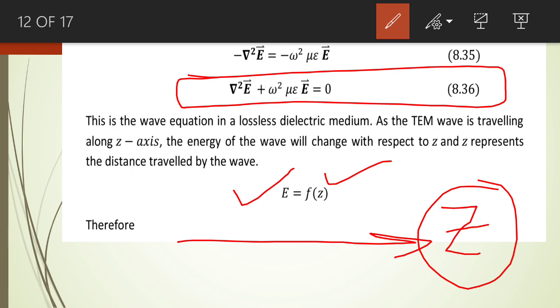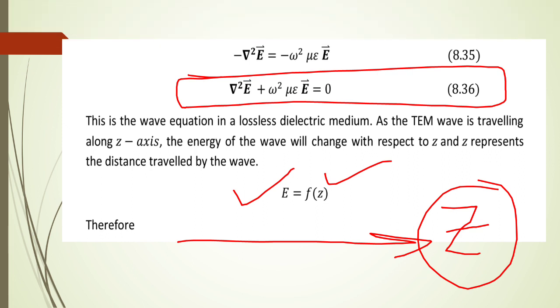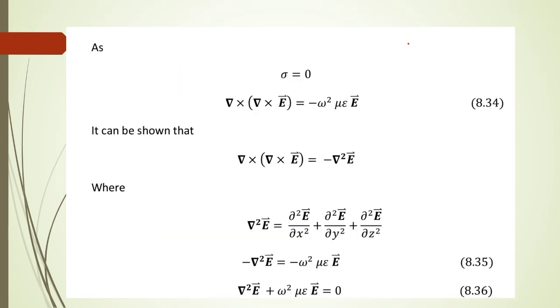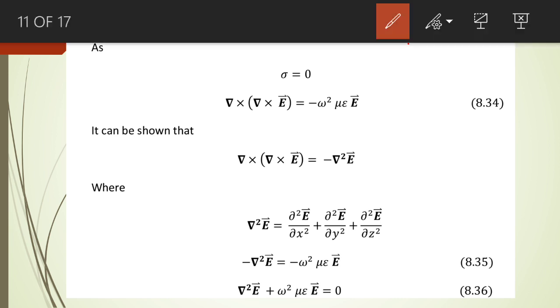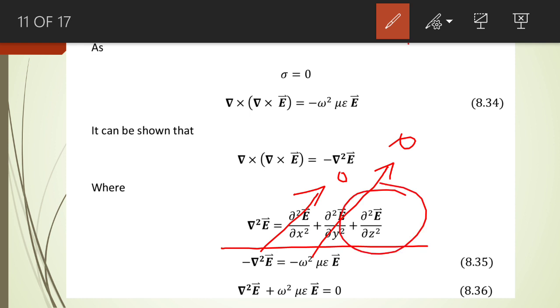And if the electric field intensity is a function of z, then we consider this particular equation. The first term on the right hand side of this equation will be 0, the second term will be 0, and we will be left with the third term only, because the electric field intensity is changing with respect to z only.